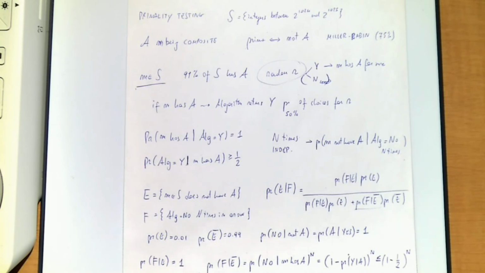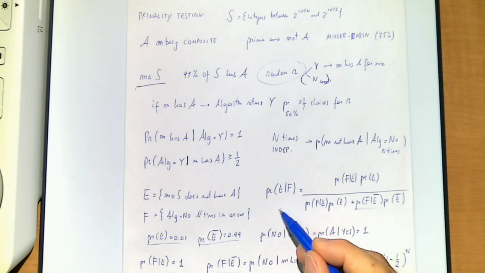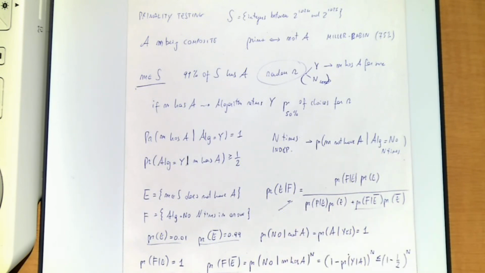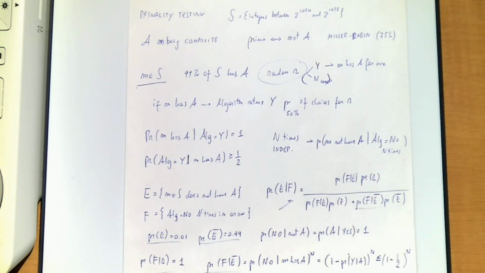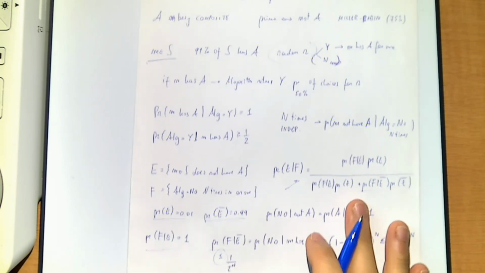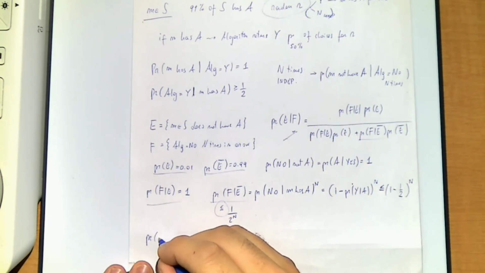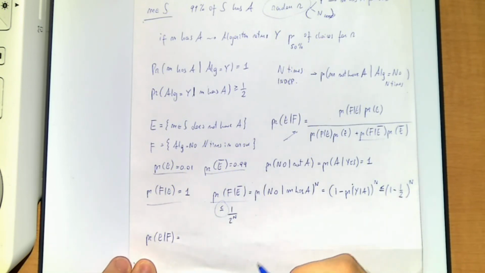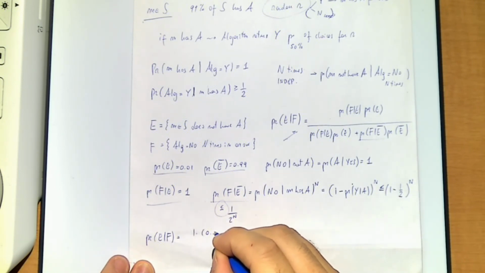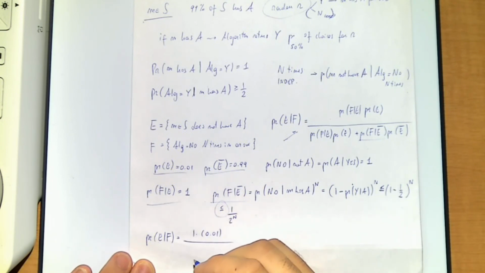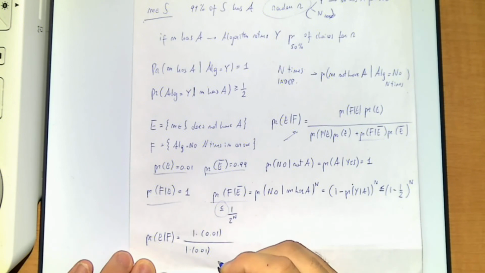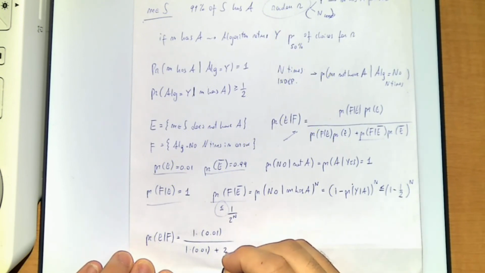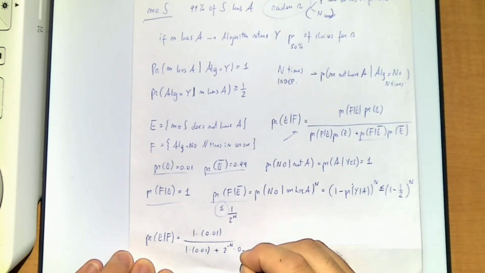Now I can put all of this into my Bayes formula, and because I have a less or equal, the probability of E given F is 1 times 0.01 divided by 1 times 0.01 plus 2 to the minus n times 0.99.